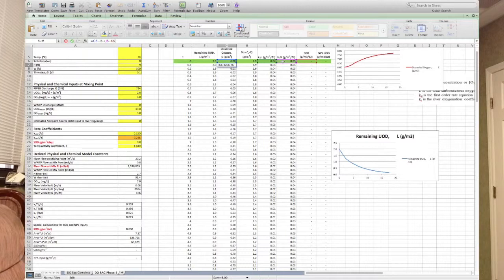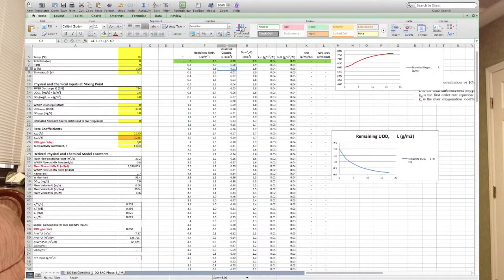So this is a function of my reaeration coefficient times the difference between DO actual and DO saturated. And then finally, you subtract your SOD from that whole lot, and that's the number you're going to get over there. So it's just calculating DO for the new time step.